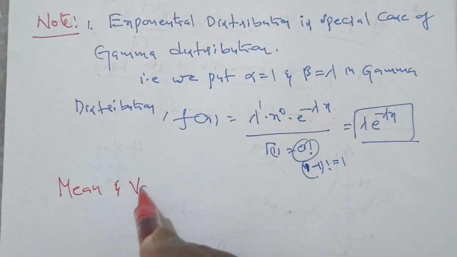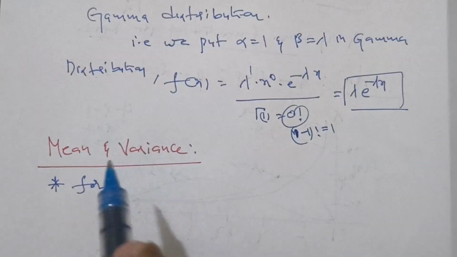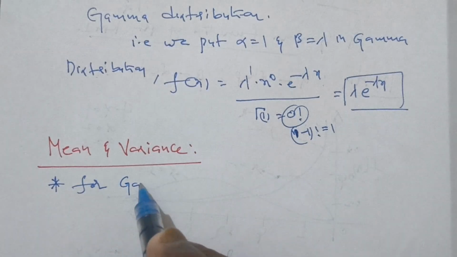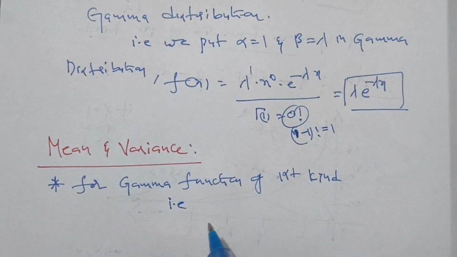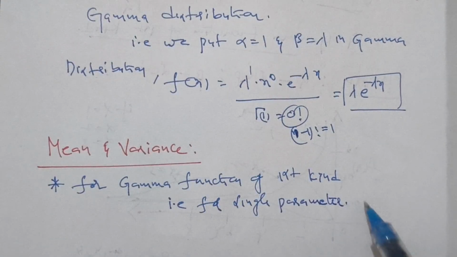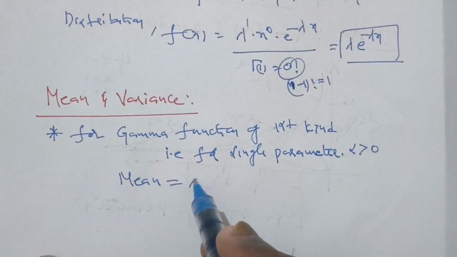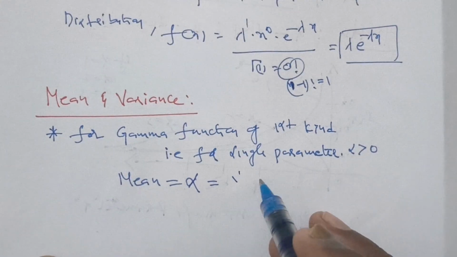Now look at the mean and variance of the gamma distribution of the first kind and the gamma distribution of the second kind. First point is, for the gamma distribution of the first kind, that means the distribution involving a single parameter, suppose that is alpha greater than 0.